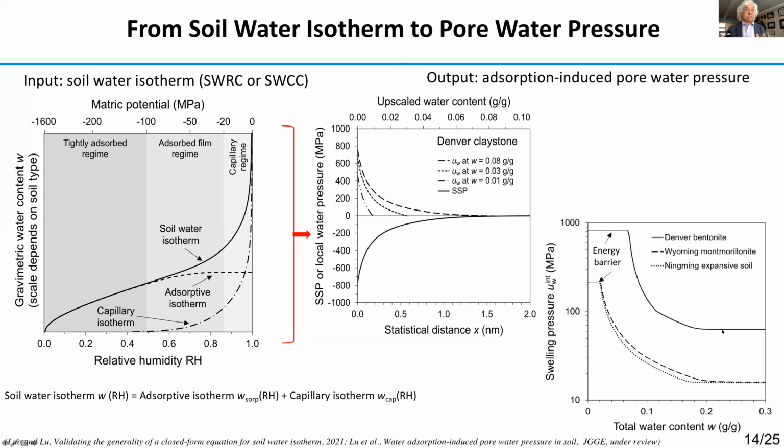So with this simple input of one isotherm experiment, you get quite a bit of information: the pore size distribution, the pore water pressure distribution, and you can even know what the true swelling pressure inside the crystalline soils will be.